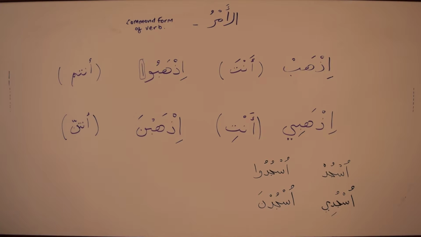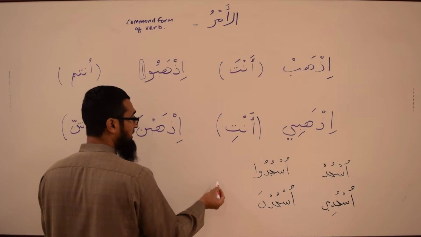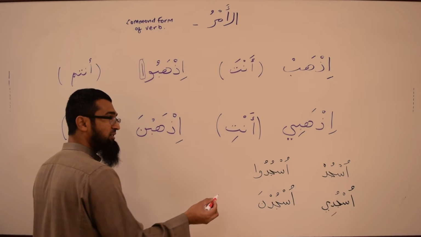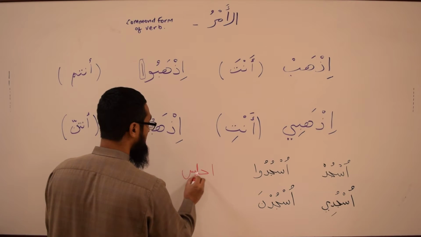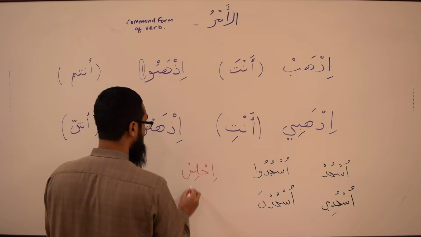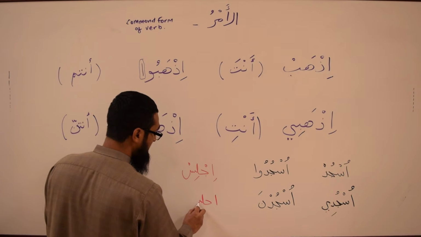Similarly, let's do another one, ijlis. So you're commanding your brother. You're telling your brother to sit. What do you tell him? Ijlis, sit. Commanding your sister to sit. What do you tell her?